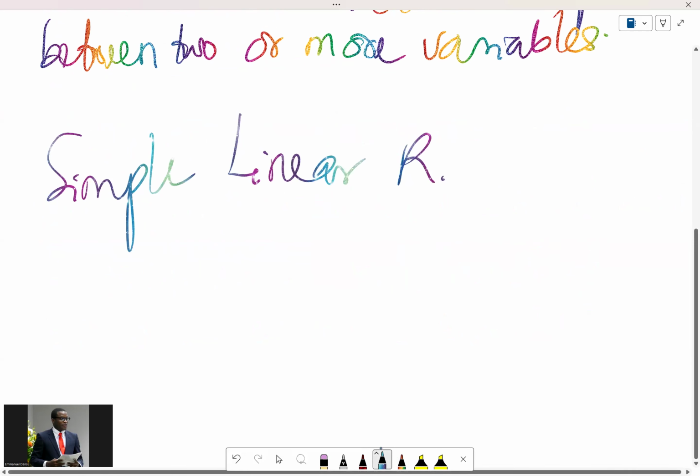Let's talk about the slope, b1. How do you get the slope? The slope of the regression line can be calculated using the following formula.